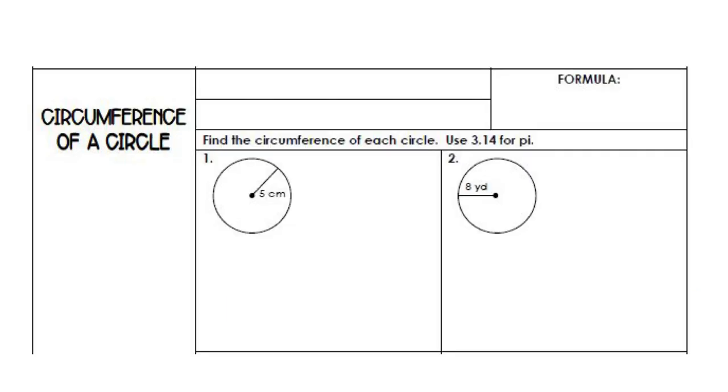Next, we have the circumference of a circle. So the word circumference is the distance around or the perimeter of a circle. So circumference is a fancy word to mean perimeter of a circle, okay? So right here, that is the distance all the way around the circle.